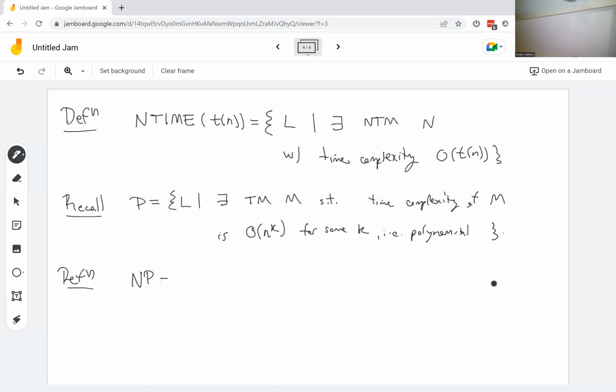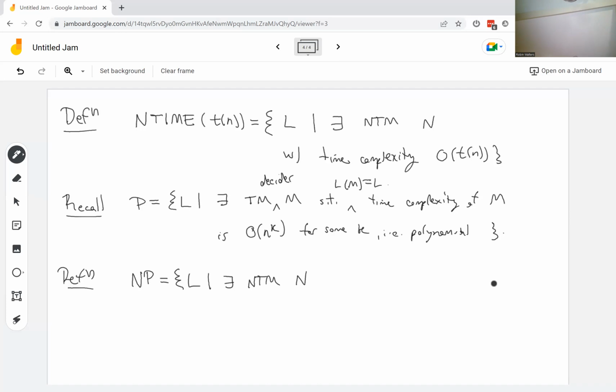So NP is the class of languages L such that there exists a non-deterministic Turing machine N. I should also point out that it's a decider. So let me add those facts.